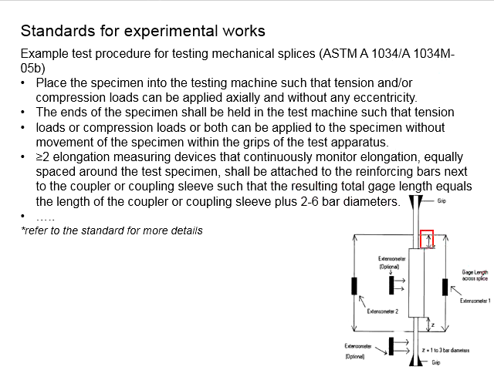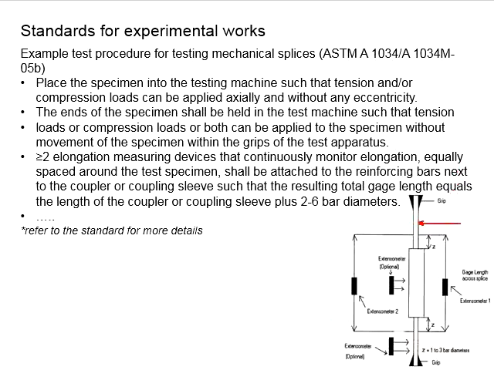That means the summation of 2z here should be equal to 2 to 6 times the diameter of the bar being spliced. In fact, based on the diagram here, it gives you an idea that you are testing a coupler, which is this, being used to splice 2 bars, which are bar 1 and bar 2.